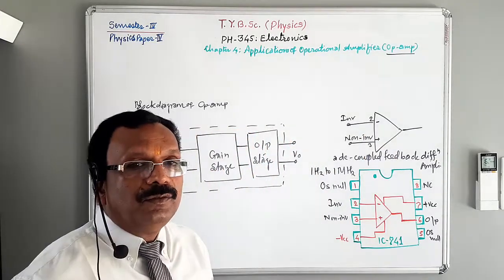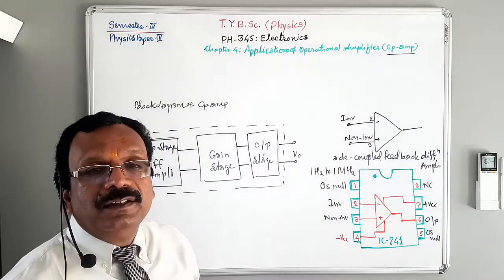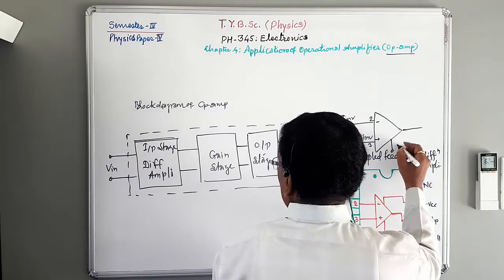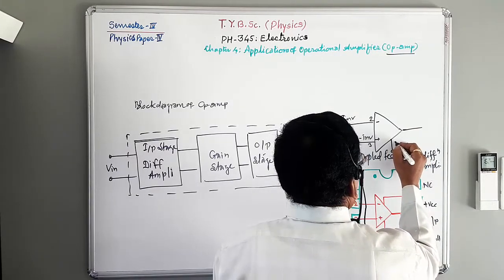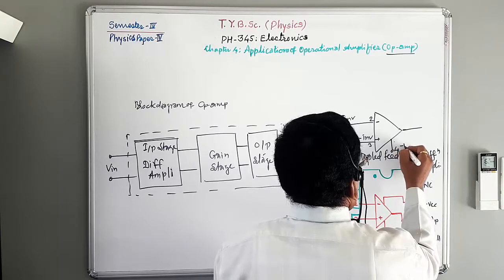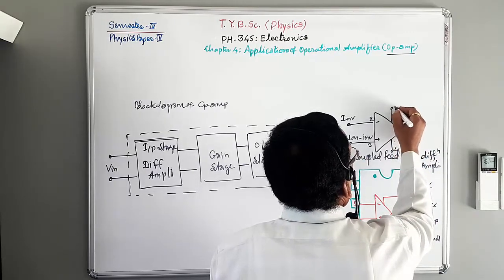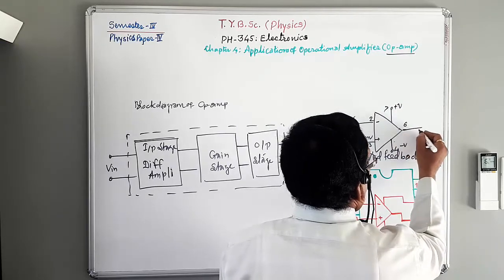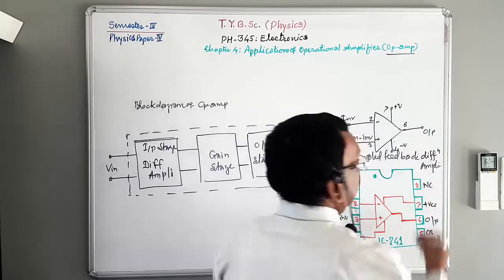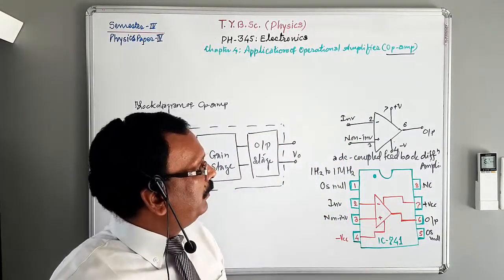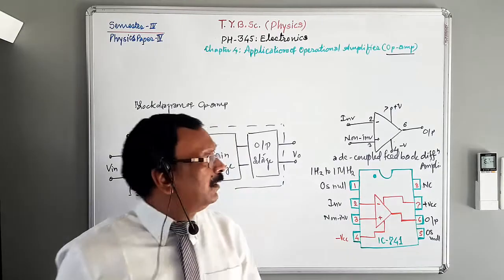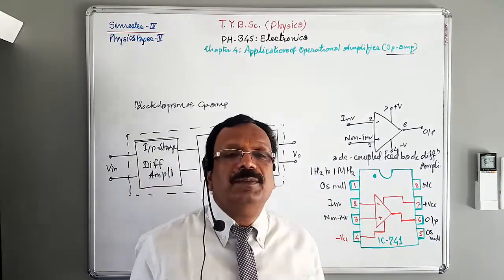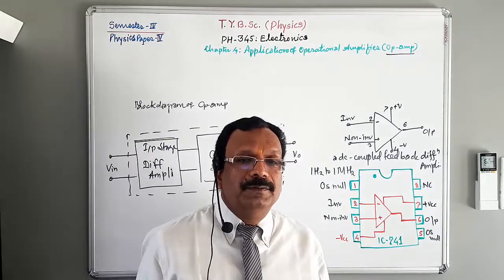Now for its operation, minus V is required, which is given to pin number 4, plus V to pin number 7, and pin number 6 is the output. This is a very important diagram to show the symbol of OpAmp.